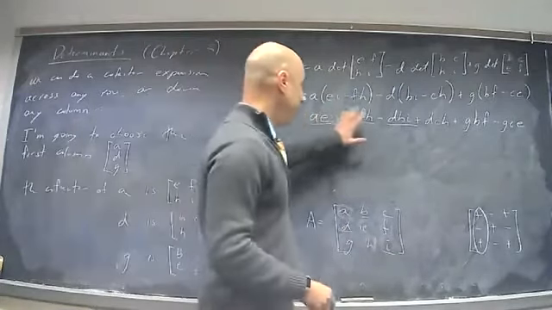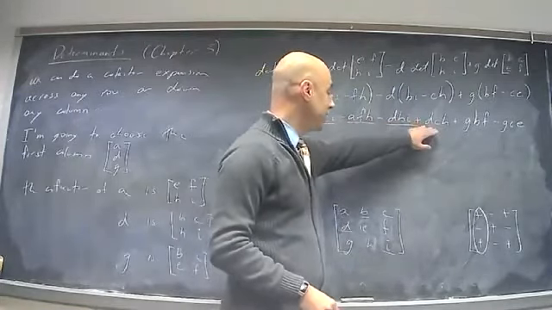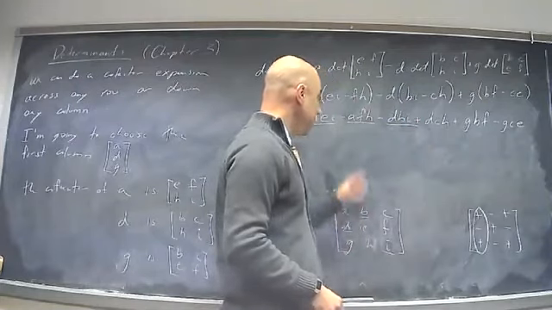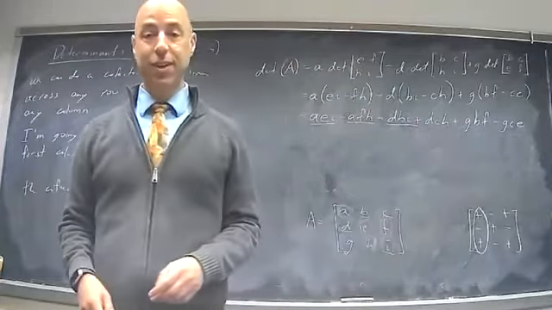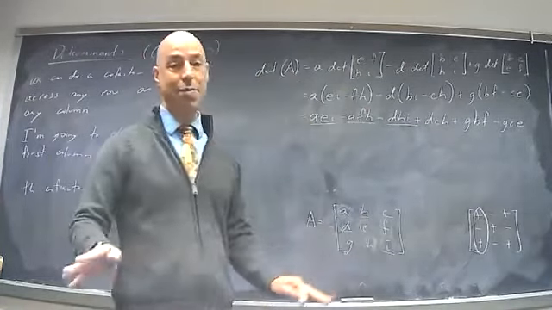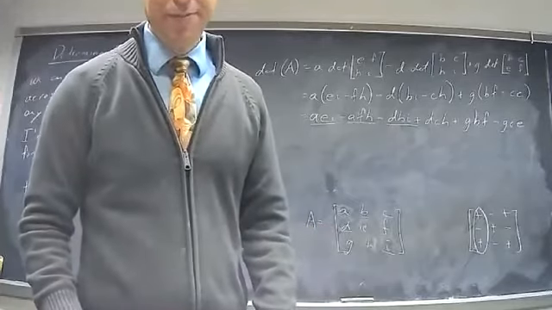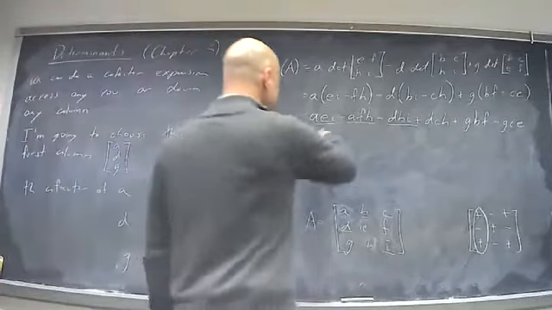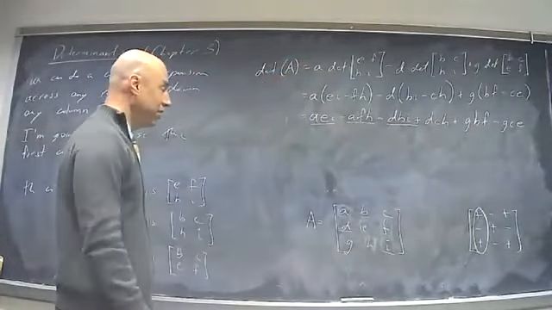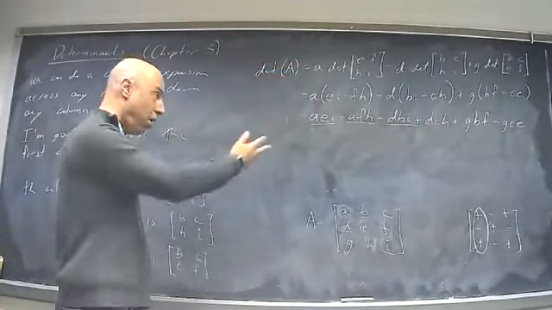All of these are like that. In each one of these, you have exactly one letter in each row and exactly one letter in each column. You never have 2 in one row and 1 in another row. That never happens. And in fact, these are all the products where exactly one thing is in each row and exactly one thing is in each column. There are exactly 6 of them. They're all there.